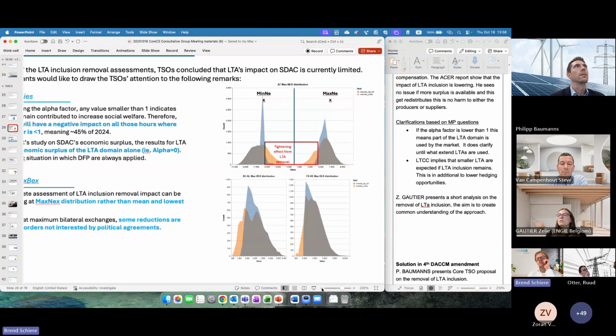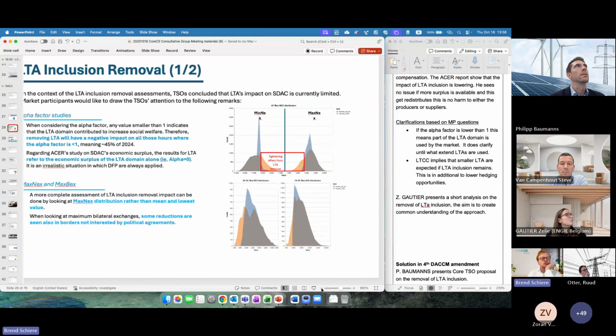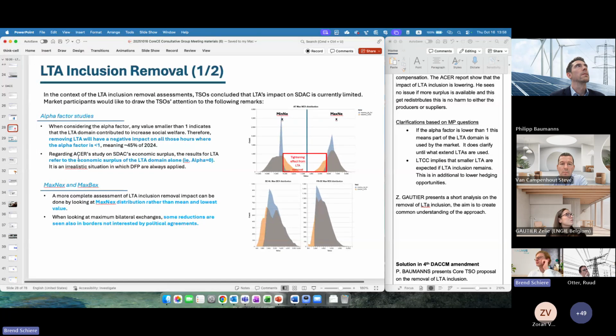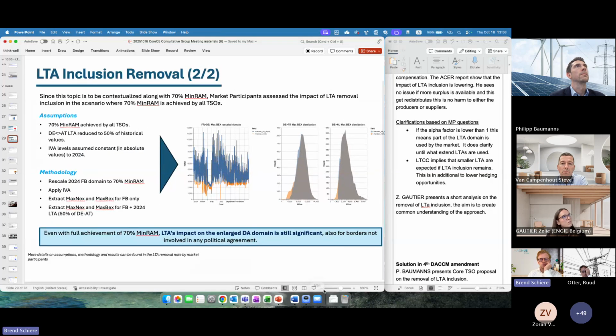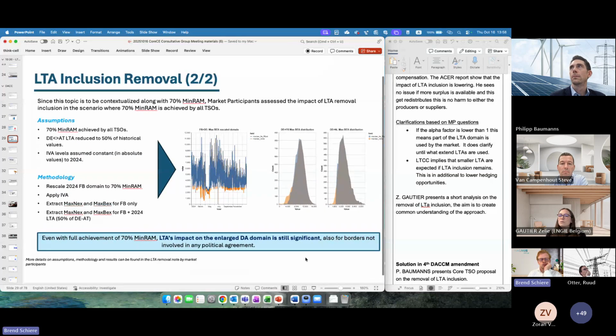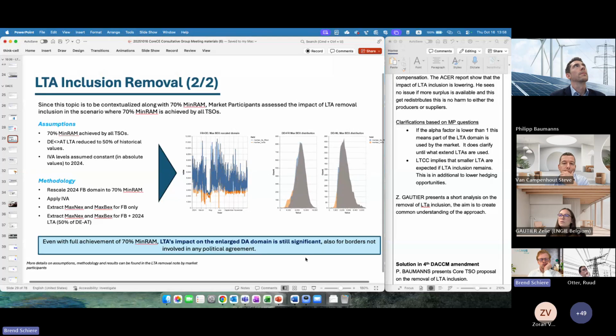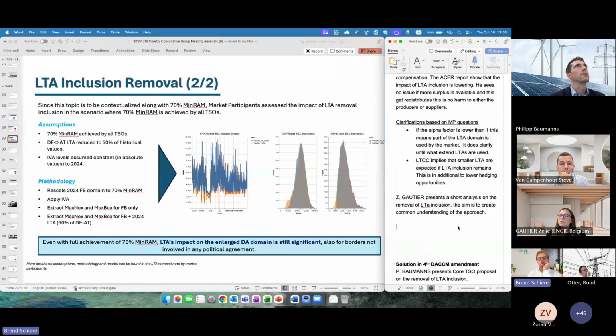So, maybe we can jump to the next slide if there are no questions on this one. Thank you. So in this context, we try to basically have a view of what is the impact of including the LTA domain in a domain which is already impacted by the 70% MIRAM.